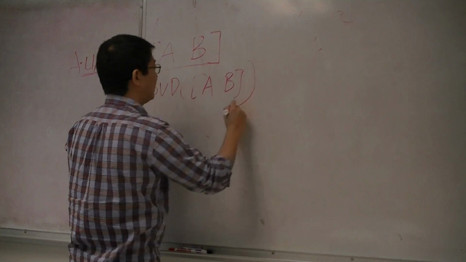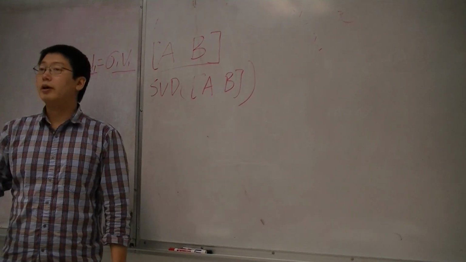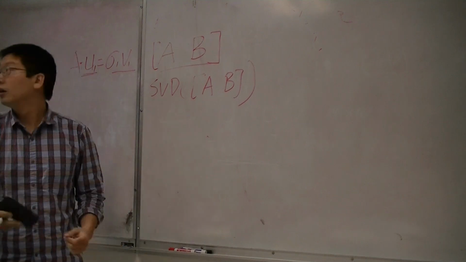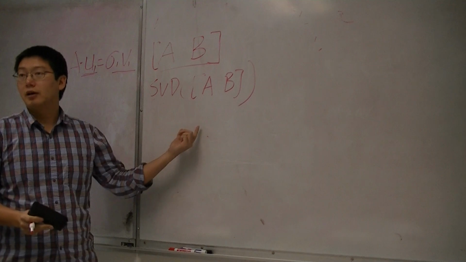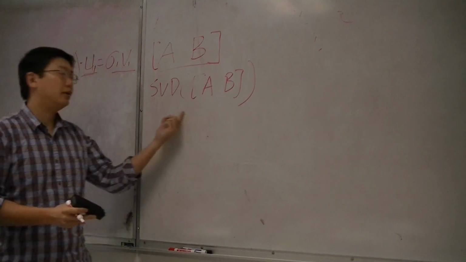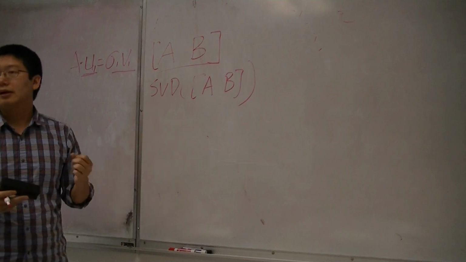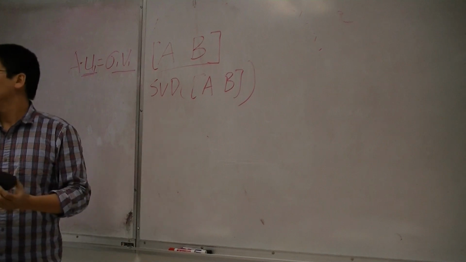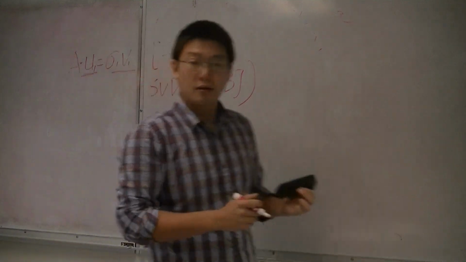We can calculate this. But the point of this method is we don't want to recalculate everything. We want to see if there is some easier or less complex method to acquire the new eigenbasis.